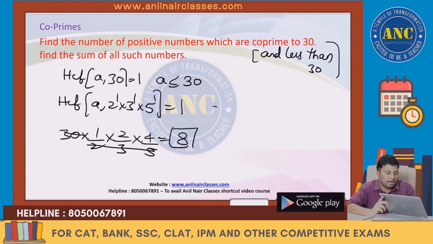How to write? First, 1 is co-prime to 30. Next, what is its complement? 29.